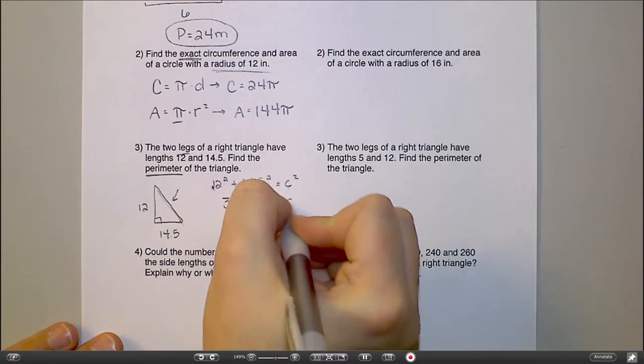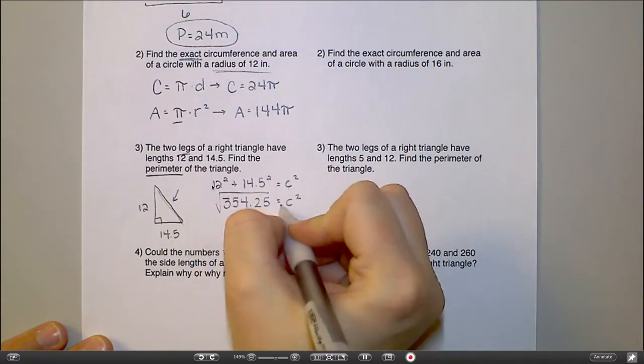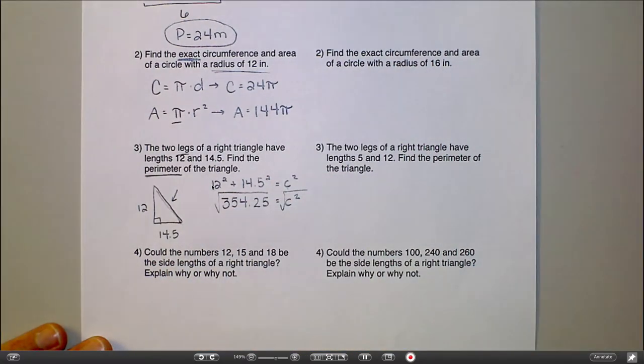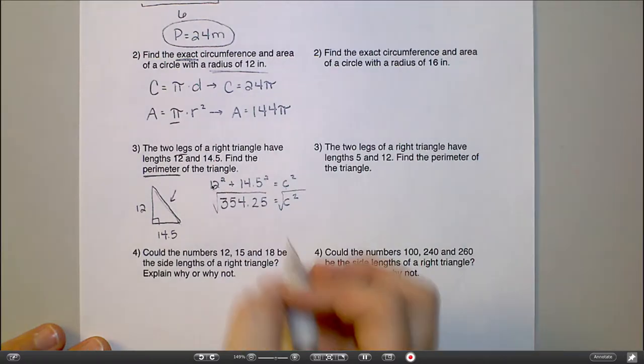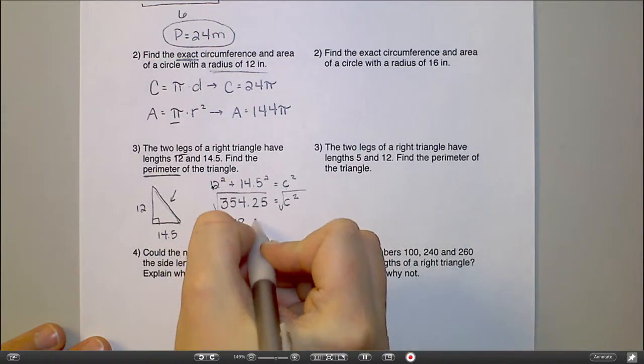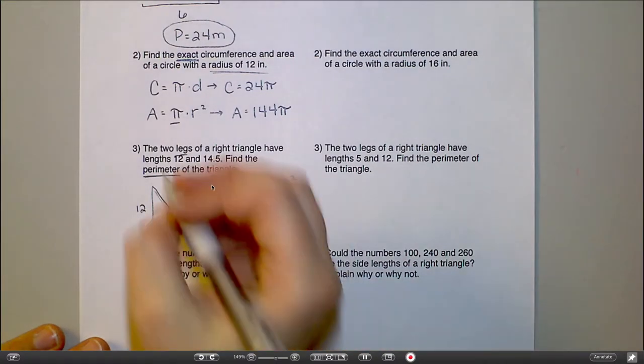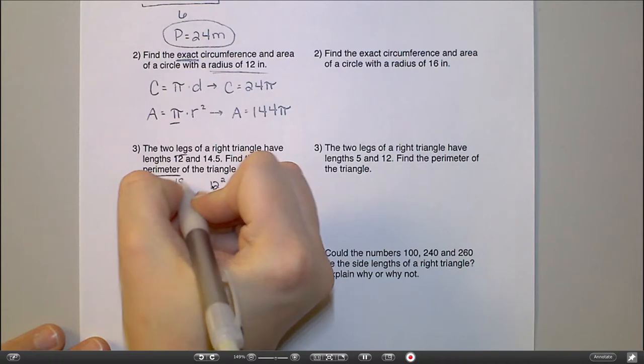And that's equal to c squared. So then what do I do with that? Good. Square root it. Yep. Square root, square root. And I get 18.82. Actually, I'll just go 18.8 because this one's only 1 decimal point. So that means this side here is 18.8.